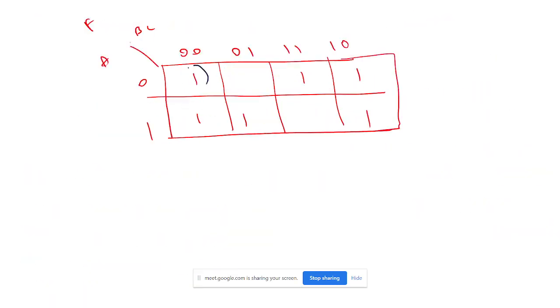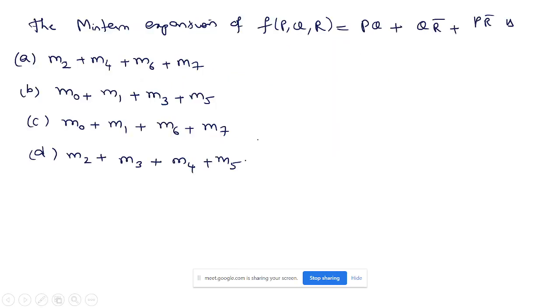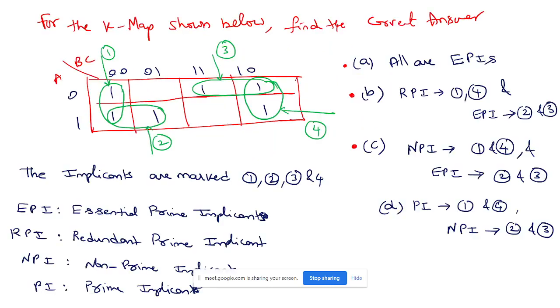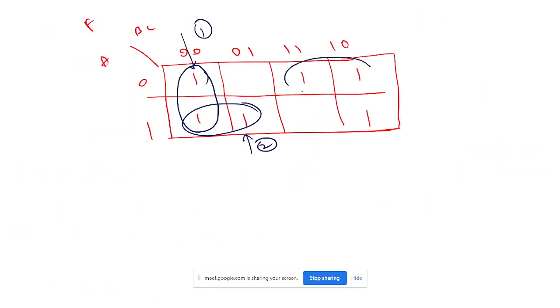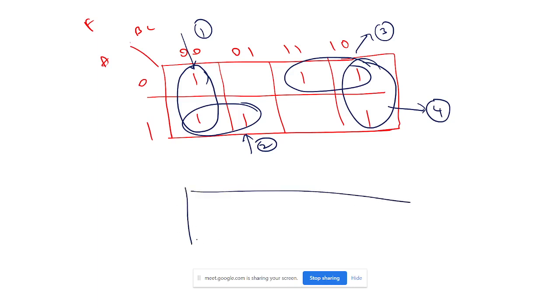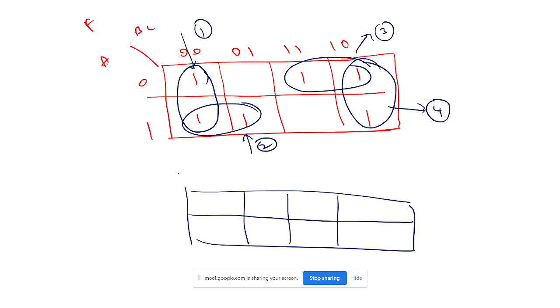This is the first one, this is the second one, third one and fourth one, right? Generally, I'm just redrawing the same thing again. Let's go with our workflow. First, we will try to find out the prime implicants. Then we will see what will be there.